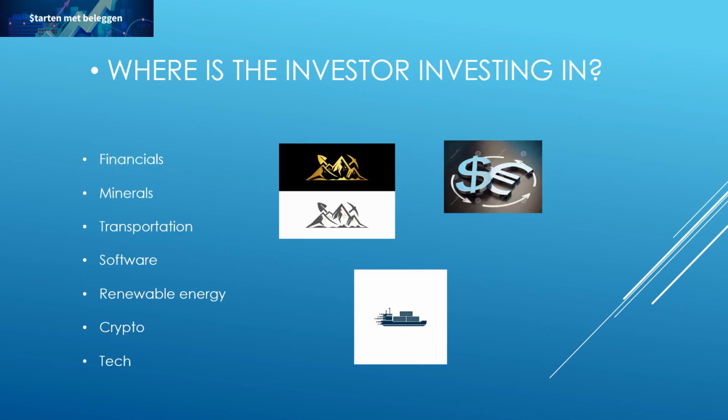Then, where is he or she investing? Financial, mineral, software, renewable, or tech, whatever you like. Some people tend to be more of a green person, so renewable energy will speak to me more than other things, but it is up to you to decide whatever you like.